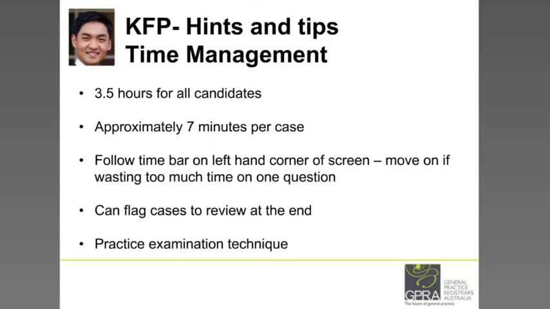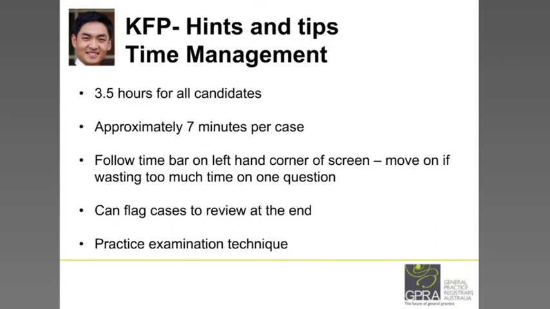As I said, it's a 3.5-hour universal time limit for all candidates, and that's to allow for, as Sumit said, people with issues in terms of, say, typing and reading and things like that. But to be fair, they've just allowed 3.5 hours for everyone.